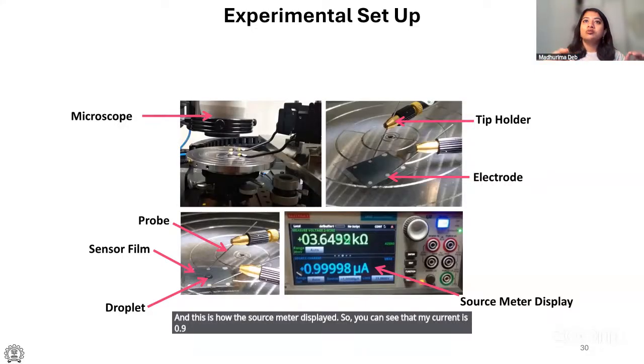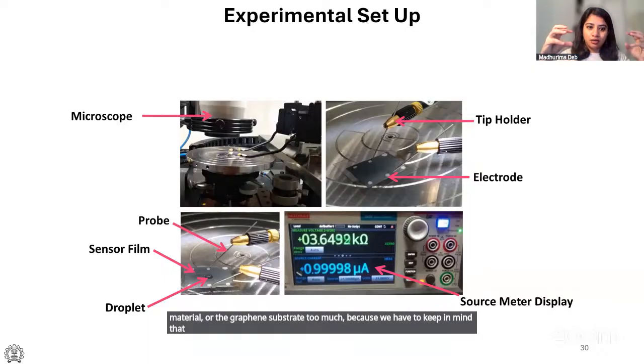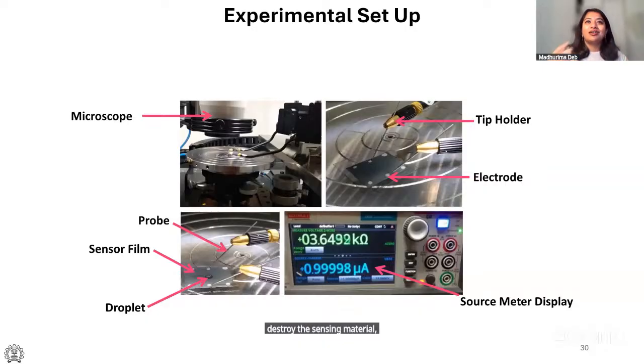I used to apply 1 microampere, which is a very small amount of current, and that gave me the amount of resistance. With this very small current, we are not disturbing the graphene material or the graphene substrate too much, because we have to keep in mind that we cannot destroy the sensing material when we are doing the sensing.